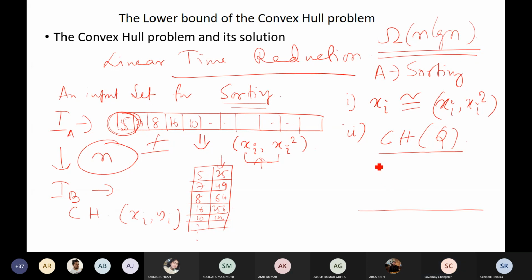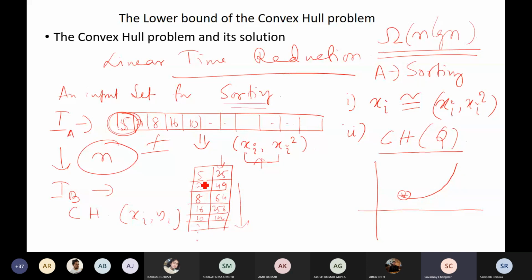So here we can get 5, 25. Let us consider that this is the first point, and we will sort all these elements as per the polar coordinate. Now if you plot all these points, you will get a parabola.